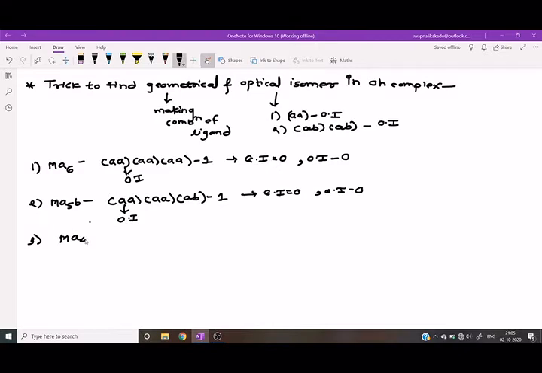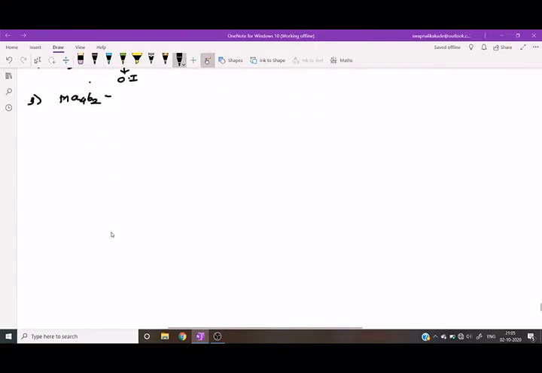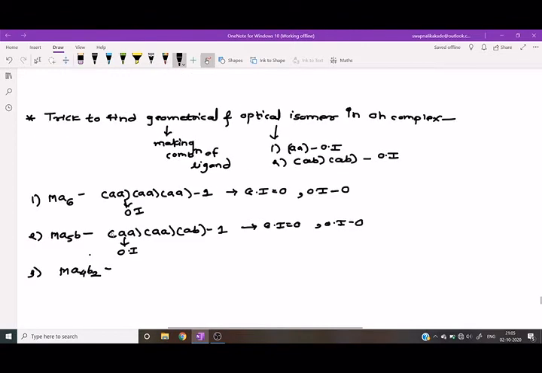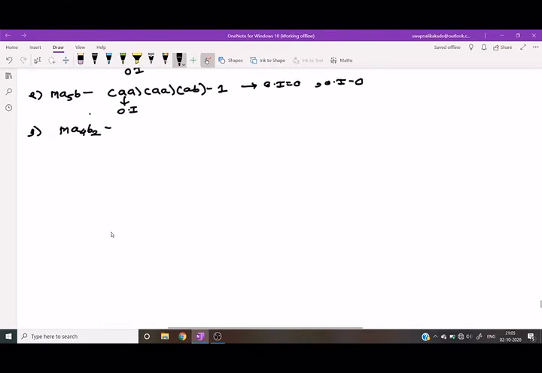Third example, Ma4B2. First make a combination: AA, BB, AA, AB.